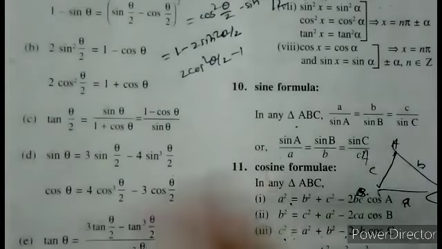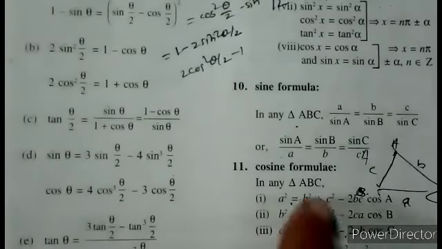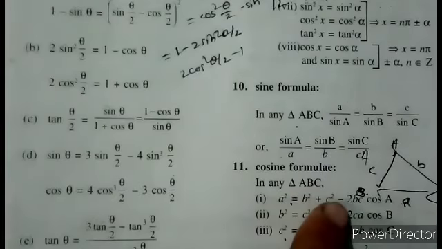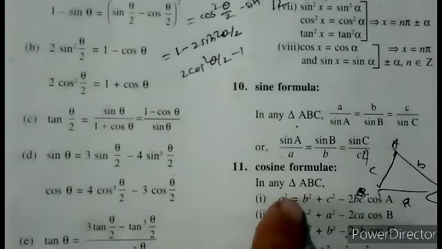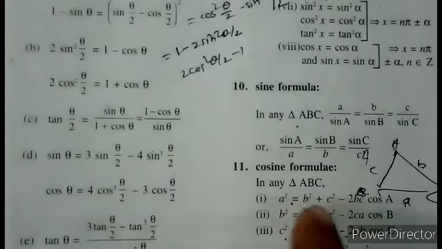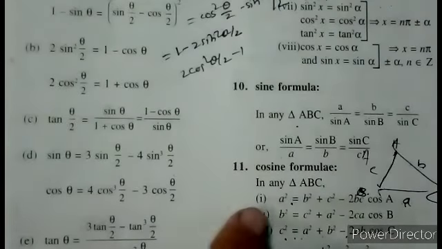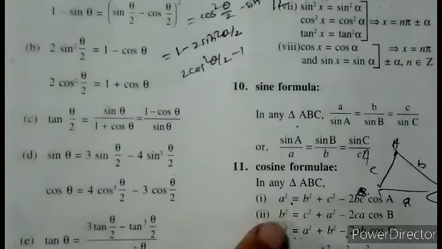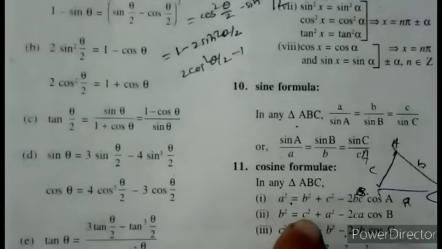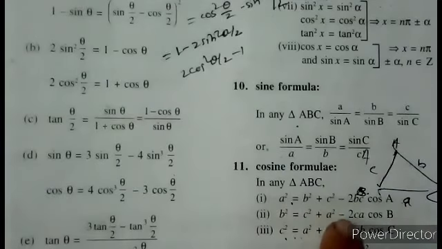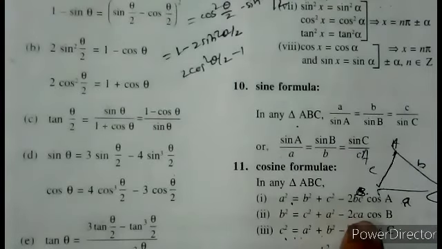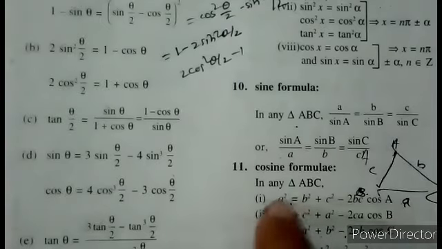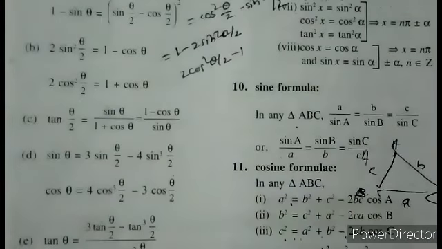So on the right side will be b square plus c square, minus 2bc, then the angle opposite to a, that is cos A. Here also b square is equal to c square plus a square minus 2ca cos of the angle opposite to small b, that is big B. This is the logic.